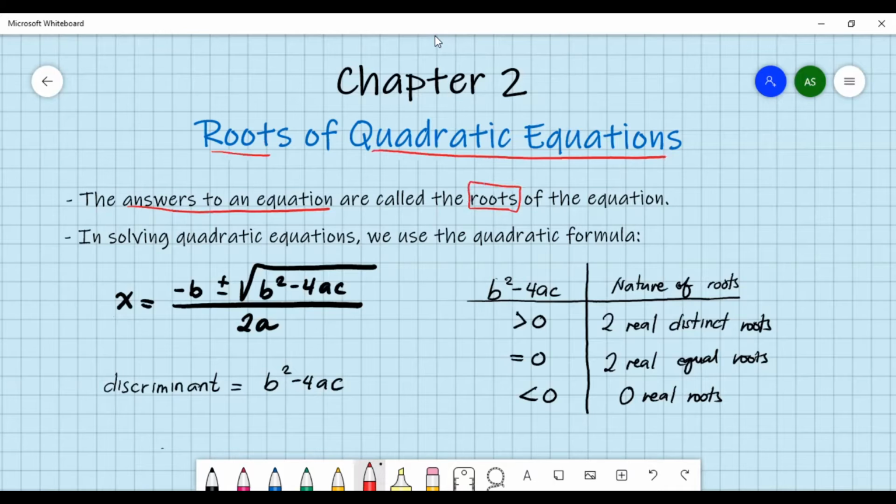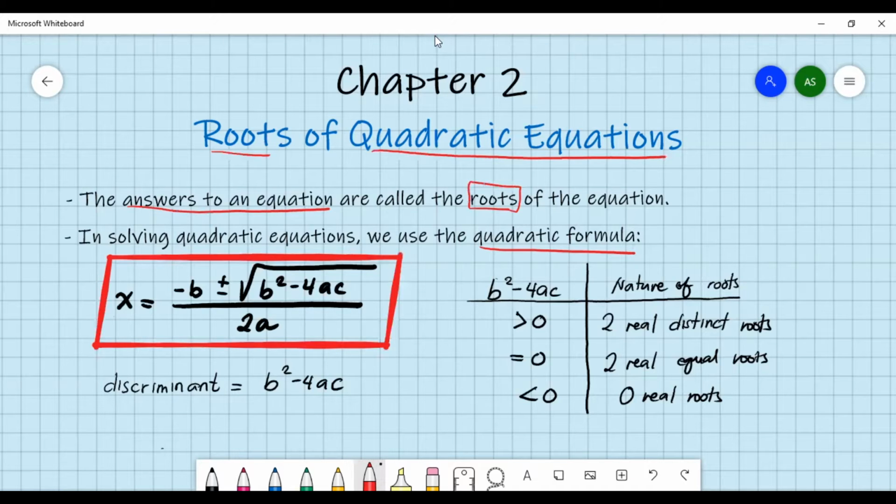Now remember, when we are solving quadratic equations, we use the quadratic formula: x equals negative b plus or minus the square root of b squared minus 4ac, all over 2a. The term inside the square root is what we call the discriminant.